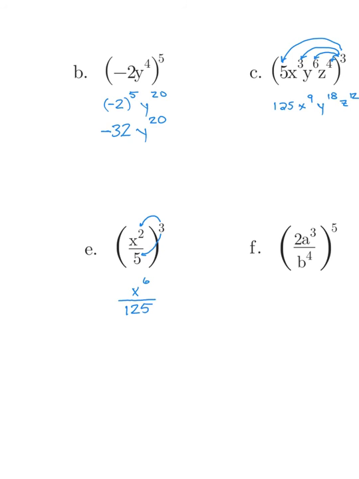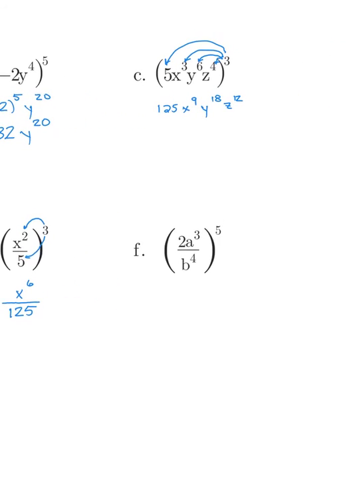All right, for example F, we want to again distribute the exponent of 5. So we get 2 to the 5th. We're going to multiply all of our exponents by 5. So we get a, 3 times 5 is 15.